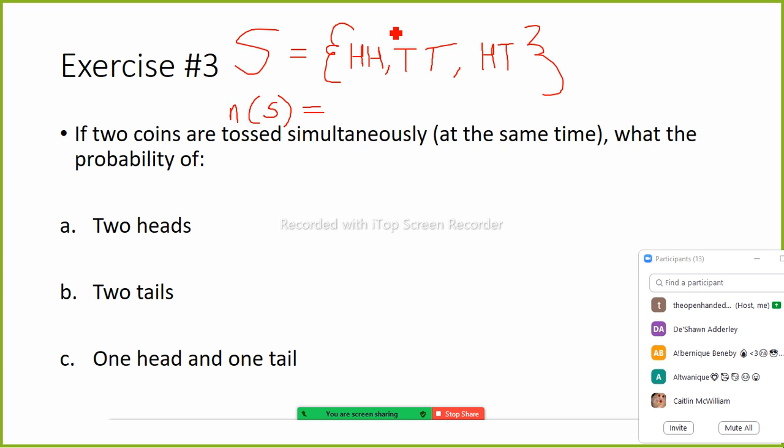Oh, what about tails, heads? That's 3. Tails come first, whereas heads and tails, the heads come first. So I don't know.